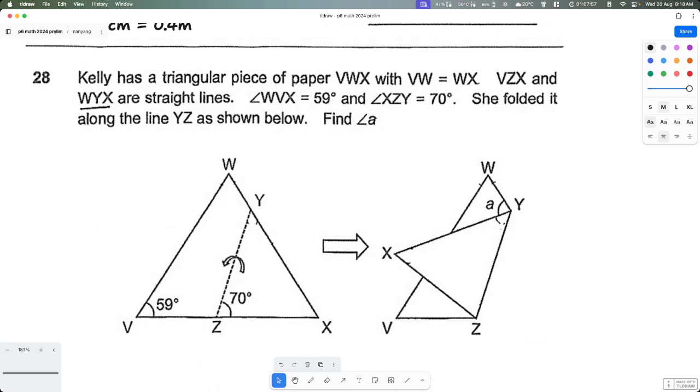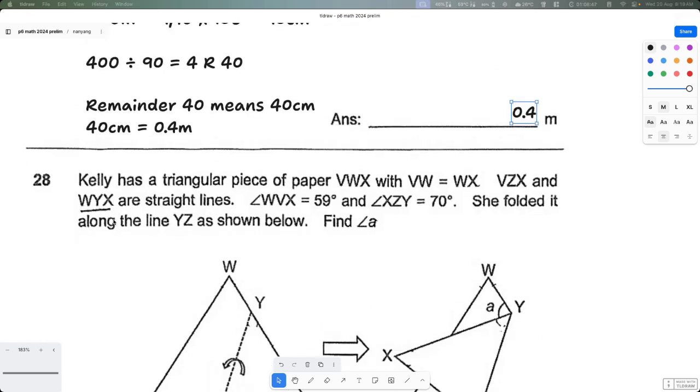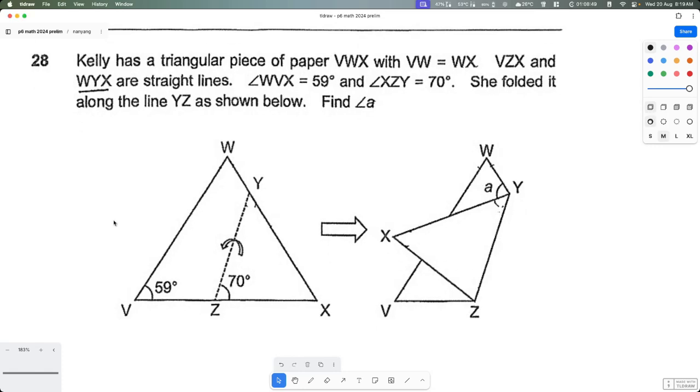Question 28. Kelly has triangular pieces of paper, VWX, with VW equal to WX. So this is an isosceles triangle, right?